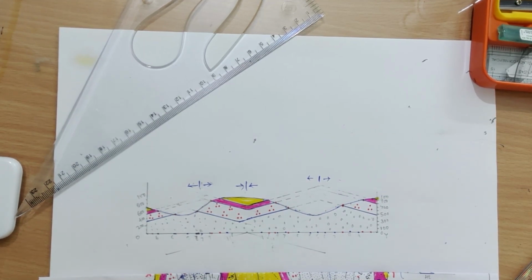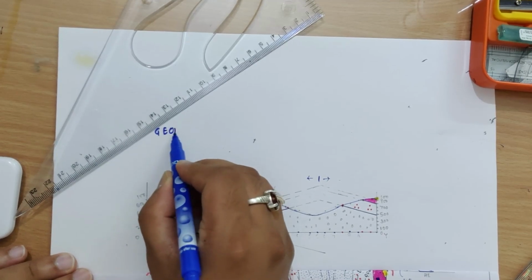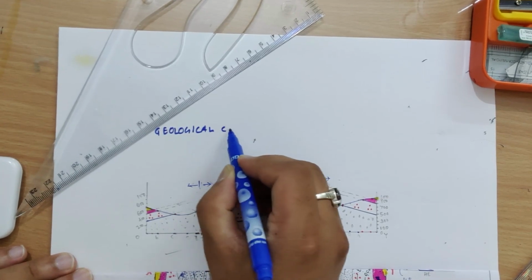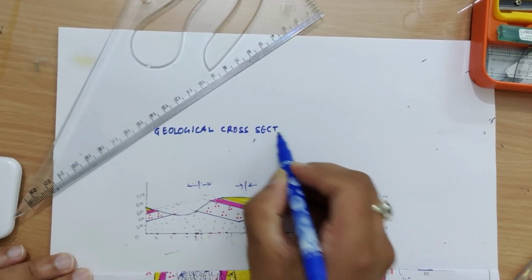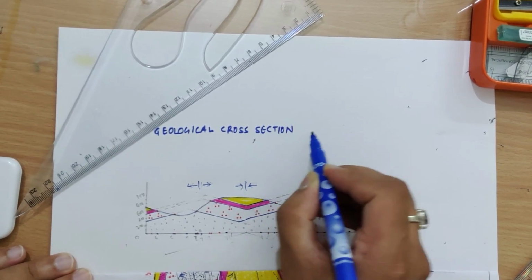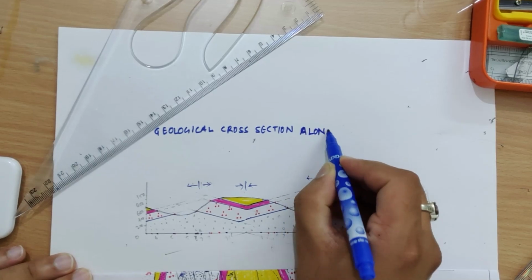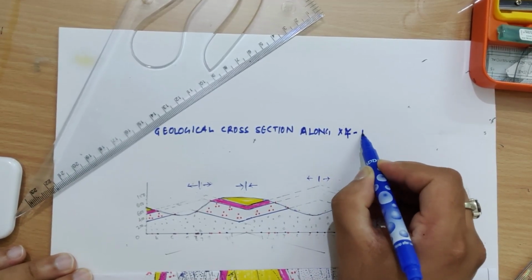So this is the geological cross section along the XY line.